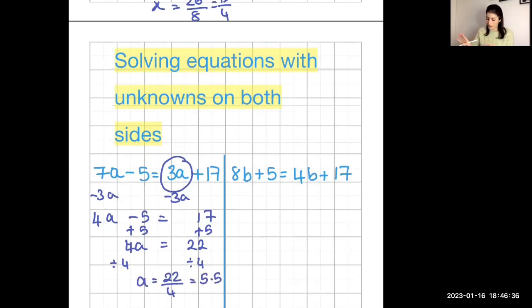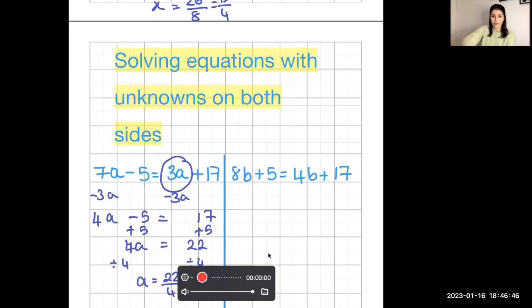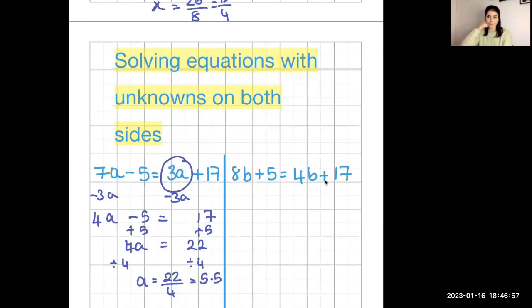And just to repeat myself again, if you left it in fraction form, that's still absolutely fine. Have a go at the one on the right. Give you 10 more seconds. Very slow 10 seconds.